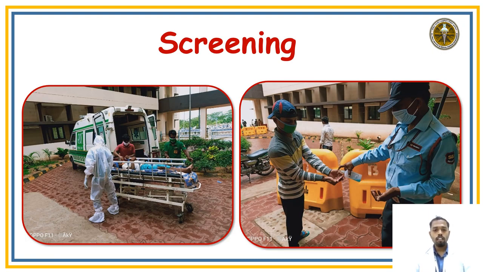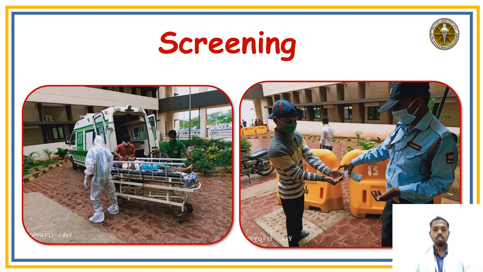Screening: you can see the left side of the picture, which represents a patient arriving. As soon as the patient reaches the trauma and emergency department, our staff wearing the full gear of PPE go and receive the patient.